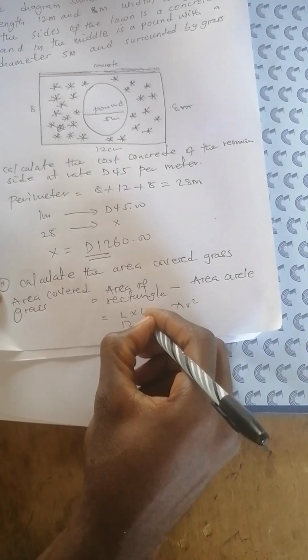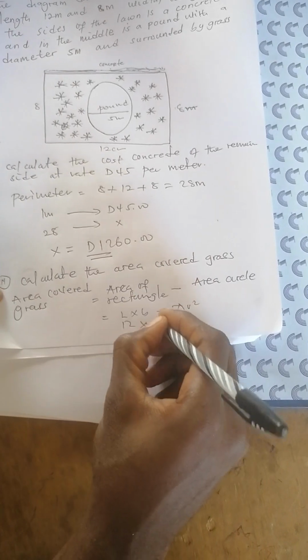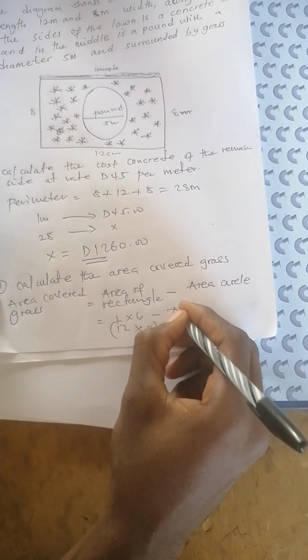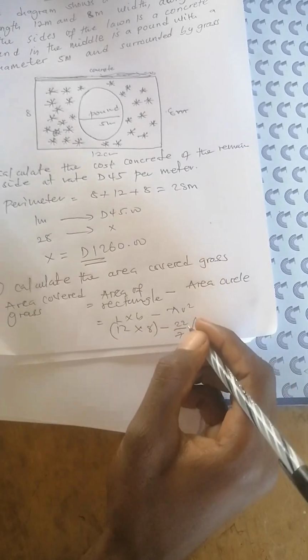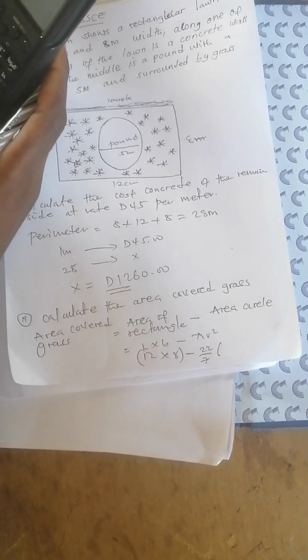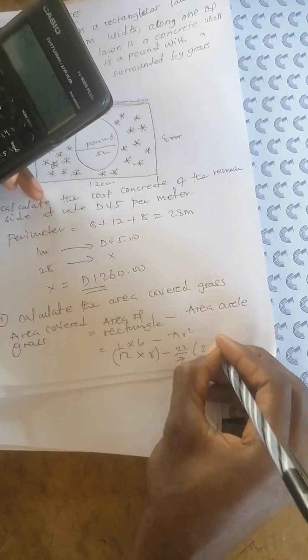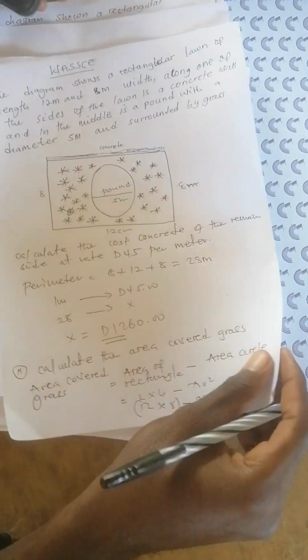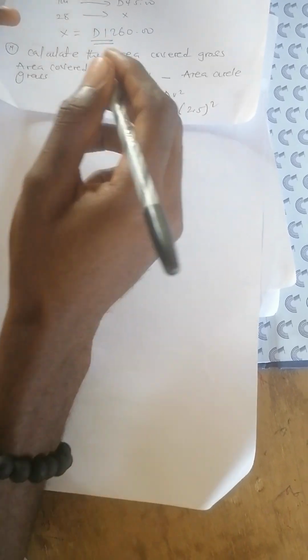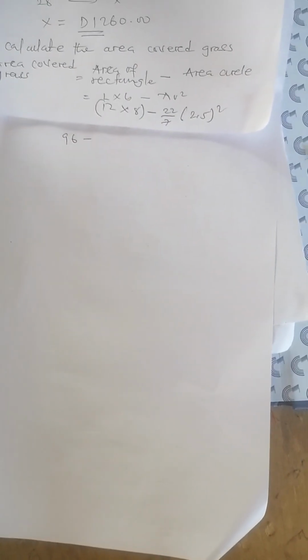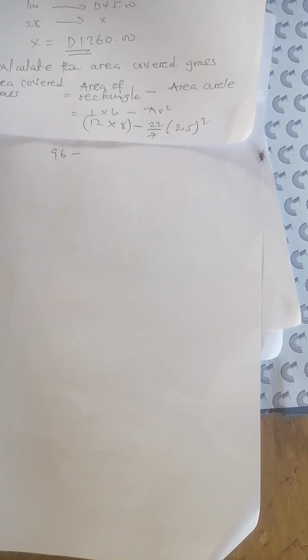This is 12 times 8, that's 96, minus 22/7 times 2.5 squared, which is 19.64.